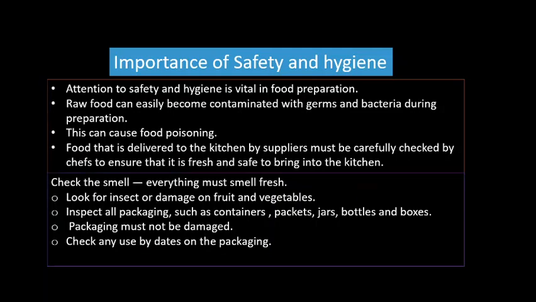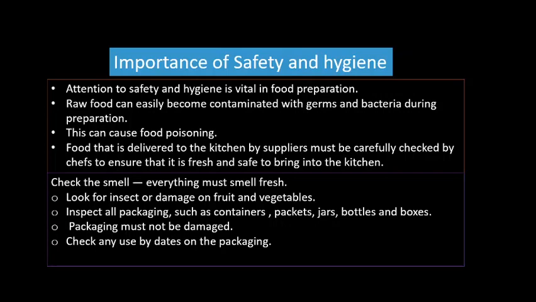Okay, our next topic is about the importance of safety and hygiene in your cooking area. Attention to safety and hygiene is very important in food preparation. Raw food can easily become contaminated with germs and bacteria during preparation. This can even cause food poisoning.